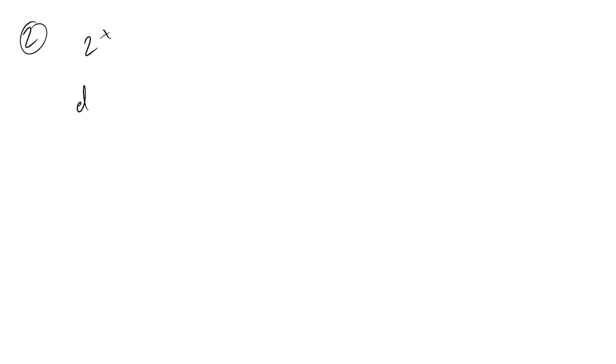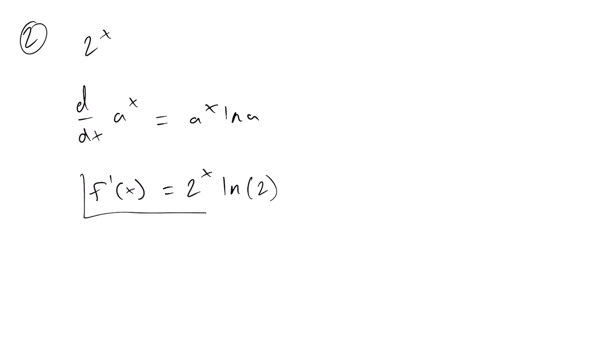So here, the derivative of a to the x is simply equal to a to the x ln a. So for this, f prime of x, or the derivative, is going to be equal to 2 to the x and then ln 2, since we're substituting in for 2. And that's our derivative. Let's try a third problem.